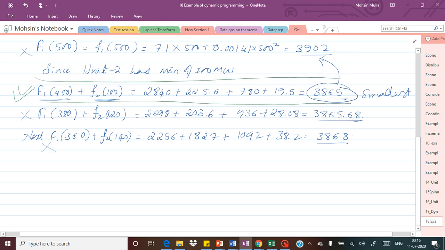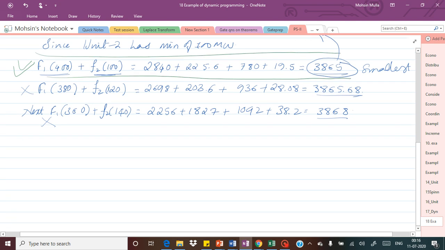Likewise, now we are going to increase the load by another 50 megawatt and check the same. Let us write something for this case.